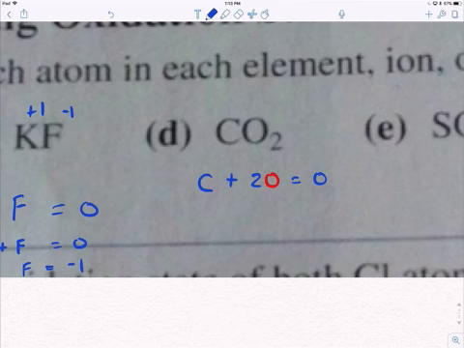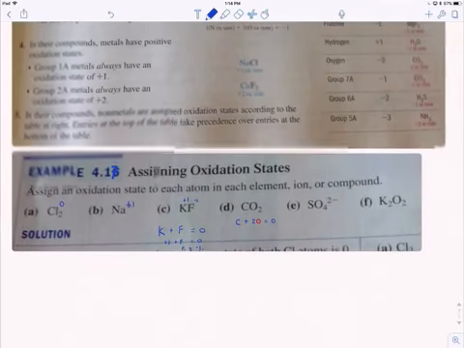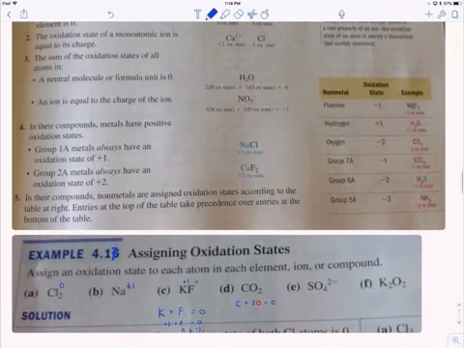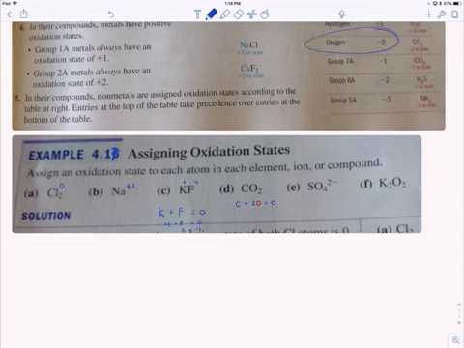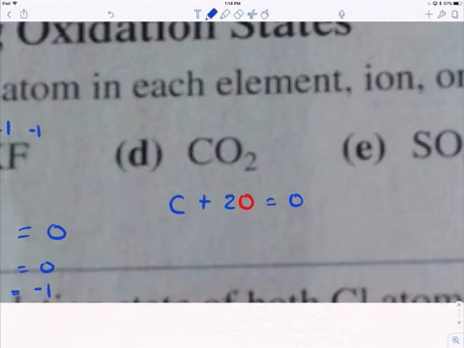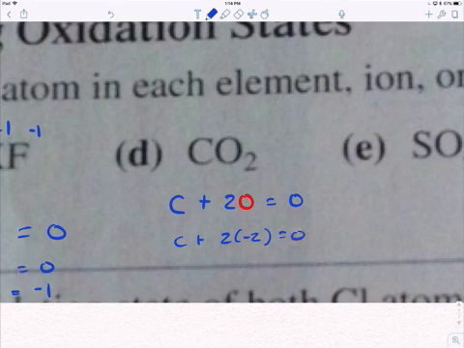If you look at the chart, rule number 4, it's not an alkali or alkaline earth. So we go down to oxygen. Oxygen tends to be -2. So carbon plus 2 times -2 equals 0. I'm just going to put -2. Then carbon plus -4 equals 0. Carbon equals +4. Are you seeing the logic there?